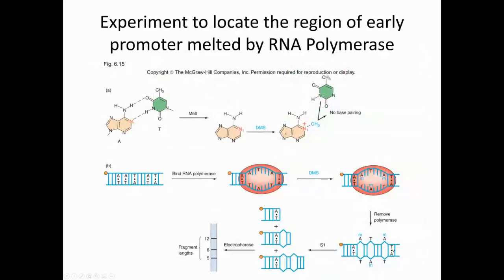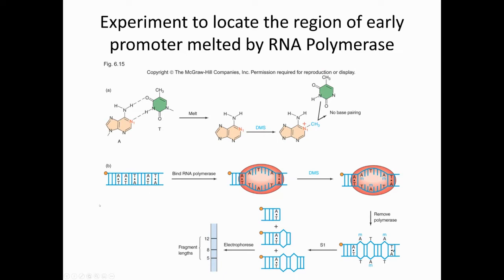And they use a chemical, dimethyl sulfate, DMS, because dimethyl sulfate will transfer a methyl group to adenine. So if you melt this A-T pair and add the DMS, it will transfer the methyl group to the adenine, and therefore this A-T will not be able to form the hydrogen bond anymore. Okay, so that's the principle.